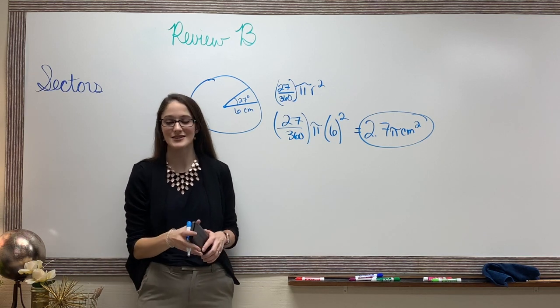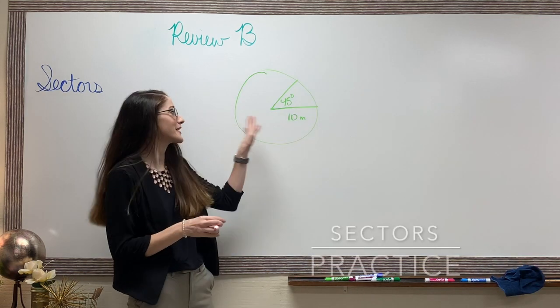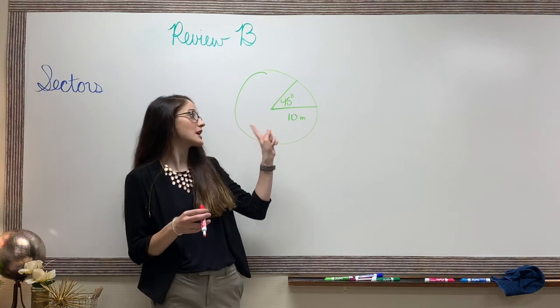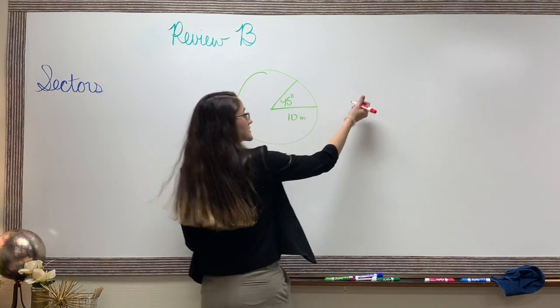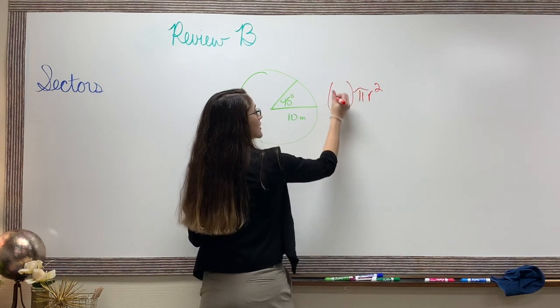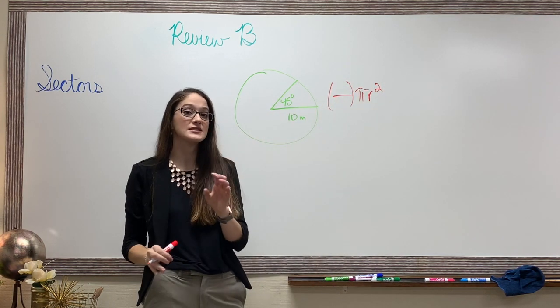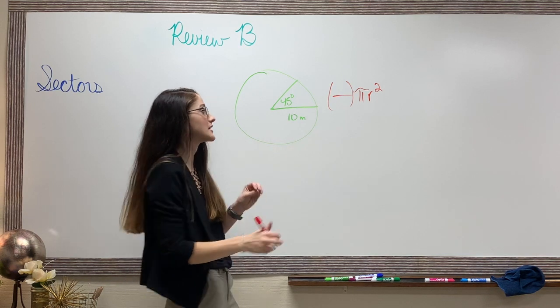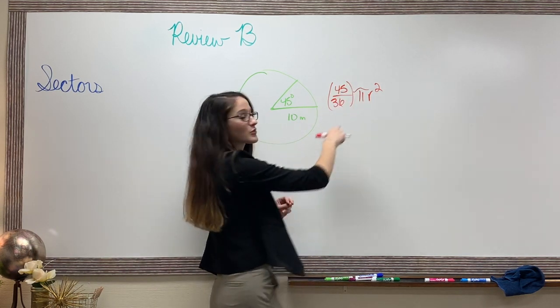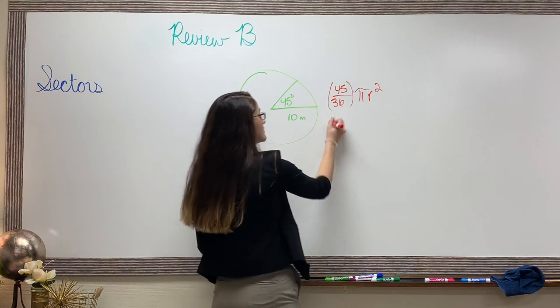So let's do some practice. So now we're going to find the area of this sector. We have 45 degrees for our central angle, and we have a radius of 10. So we're going to still be using pi r squared, but we're going to be multiplying it by just that part of the sector of the circle that we need. So 45 over 360, we're going to replace r with our radius of 10.